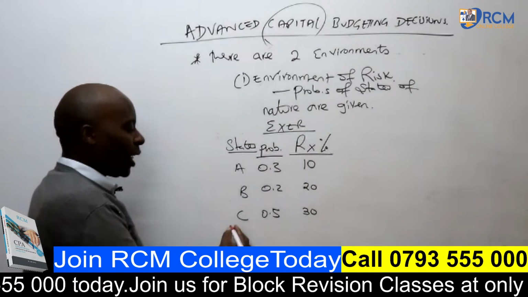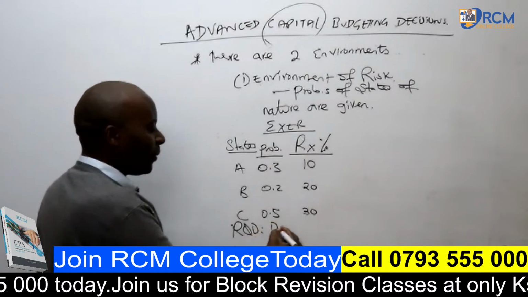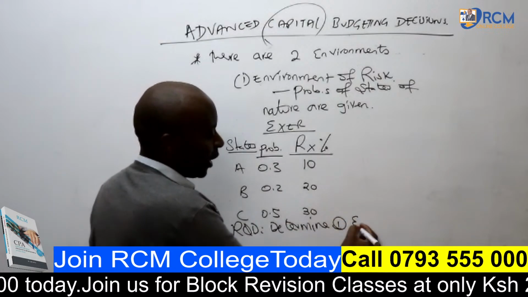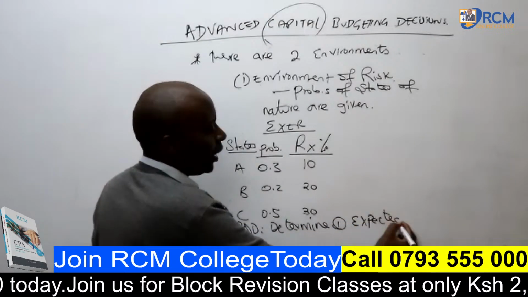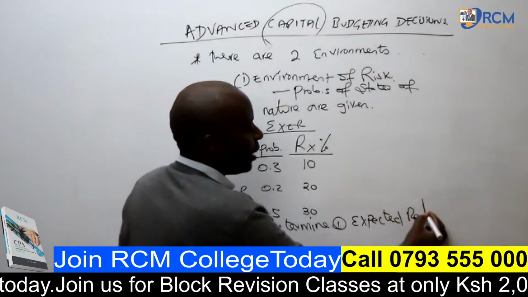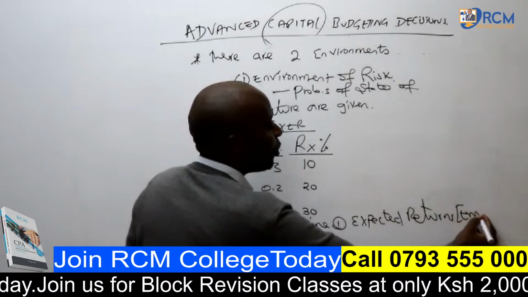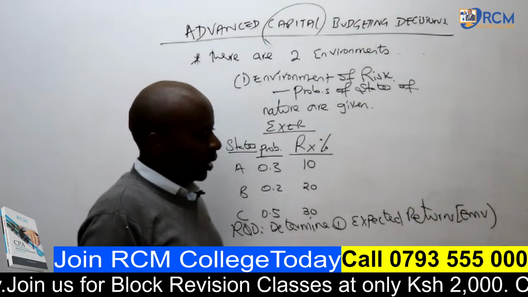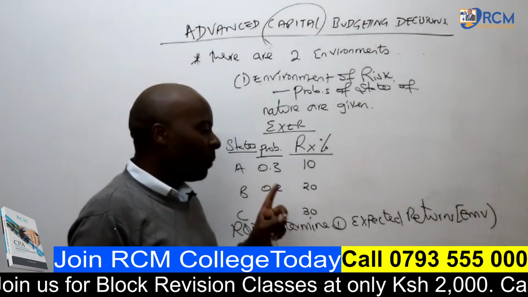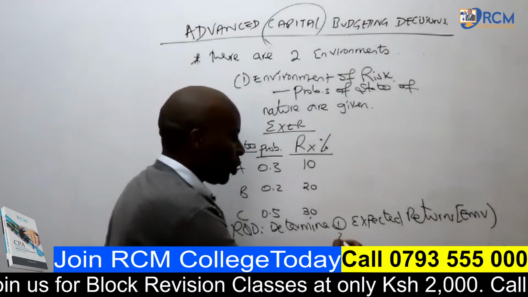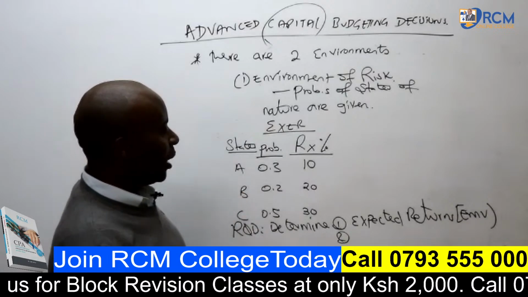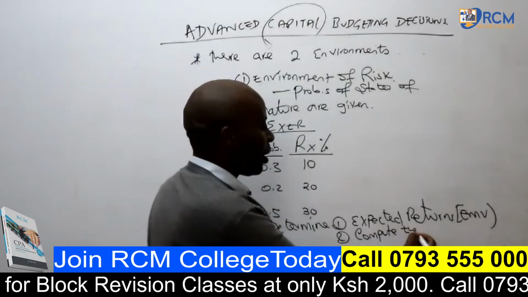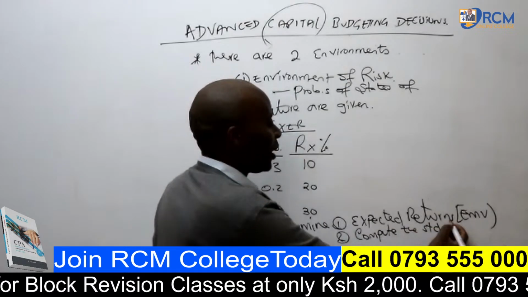We are required, ladies and gentlemen, to determine, number one, expected returns. Expected returns are the ones in section 4 QA we used to call expected monetary value. Number two, we are needed here to compute the standard deviation.